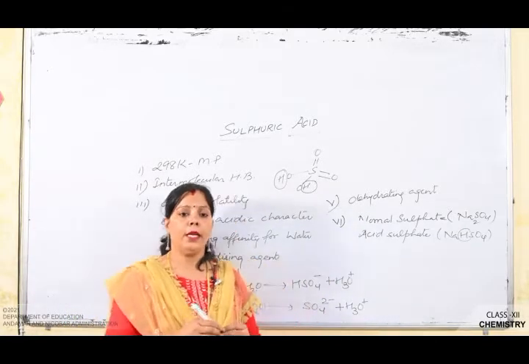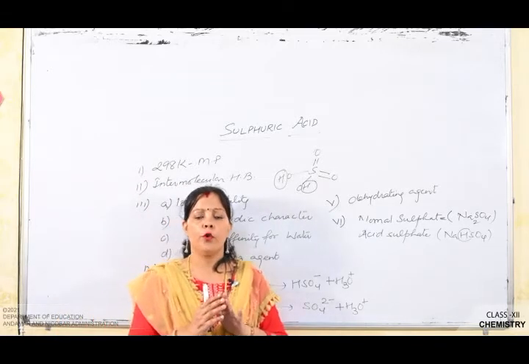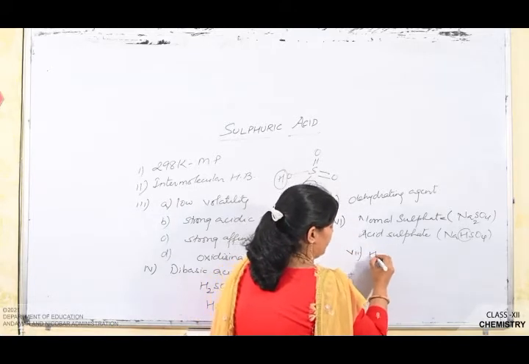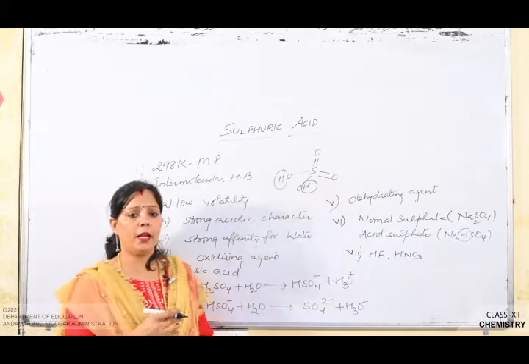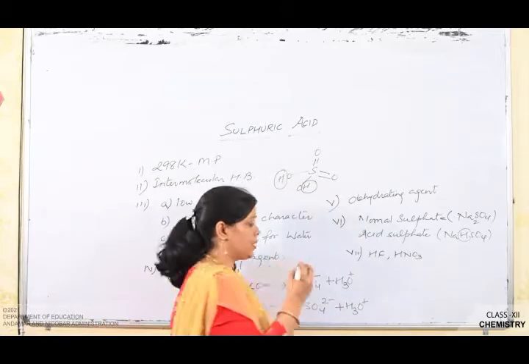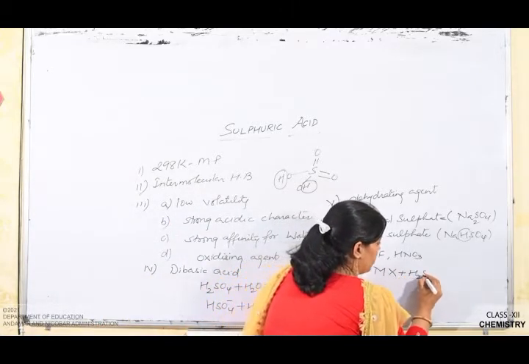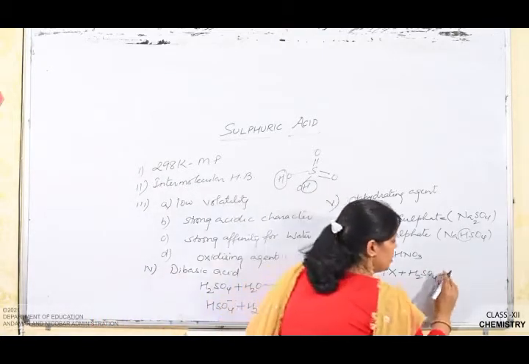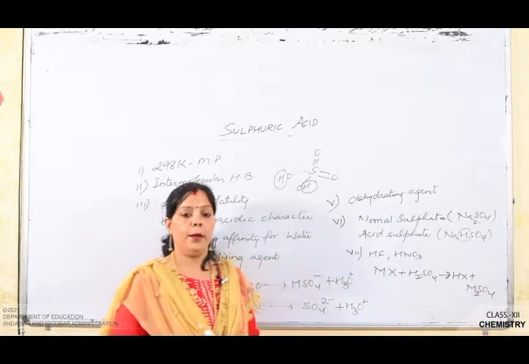The next important property is that, due to its low volatility, it is used to manufacture more volatile compounds, for example HF and HNO3. For the preparation of these highly volatile compounds, we can use concentrated sulfuric acid. When H2SO4 combines with a metal halide, it gives the hydrogen halide plus metal sulfate, HX plus M2SO4.